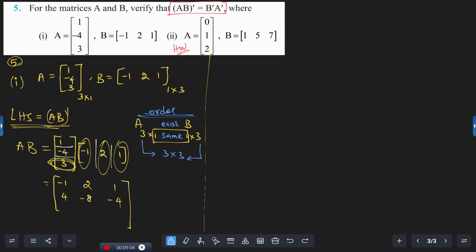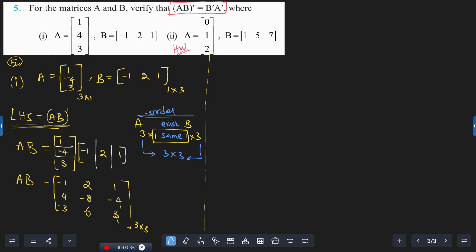I'm multiplying it with all 3 columns. It means just 3, multiplied with each element. 3 into minus 1 is minus 3. 3 twos are 6. 3 into this one is 3 ones, which is 3. That's it. So this is the 3 by 3 matrix which we needed to get. We got the answer for AB as a 3 by 3 matrix.